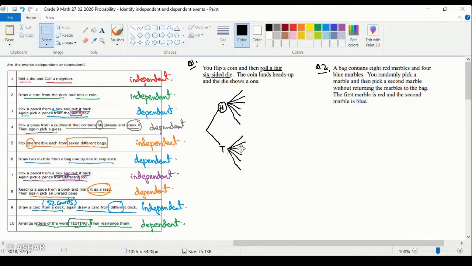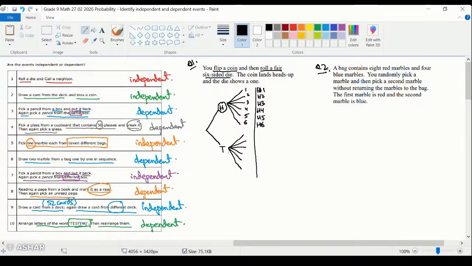What we can say is, if we had a head on a coin, can we get a 1, 2, 3, 4, 5, 6? Can we get the answer as head and 1? Can we have head and 2, head and 3, head and 4, head and 5, head and 6, right?